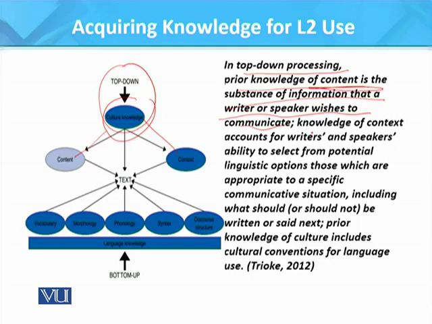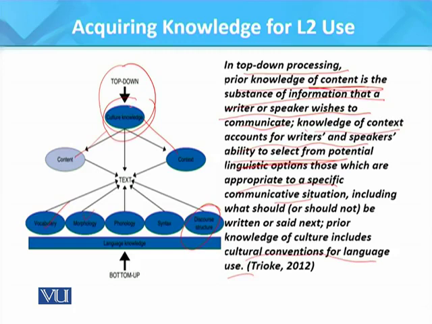knowledge. Knowledge of context accounts for writers' and speakers' ability to select from potential linguistic options those which are appropriate to the specific communicative situation, including what should or should not be written or said. Next, prior knowledge of culture includes cultural conventions for language use.